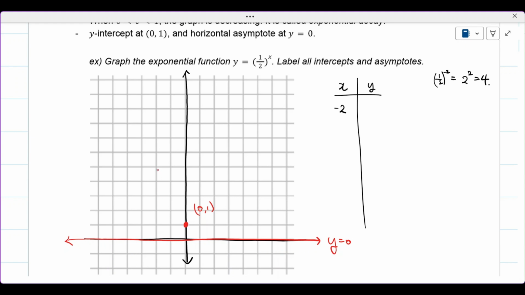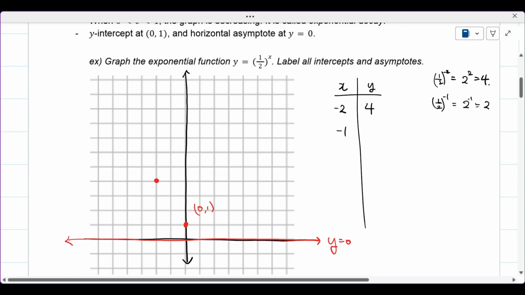That's (-2, 4). And then when I have x equals negative 1, then (1/2)^(-1) will be just 2 to the power of 1, which is 2. So that's another point at (-1, 2). And then (0, 1).